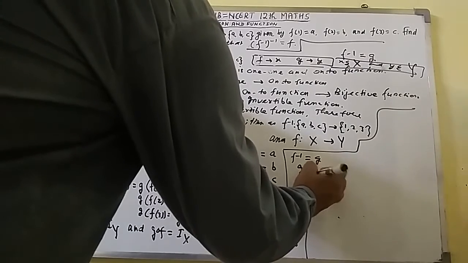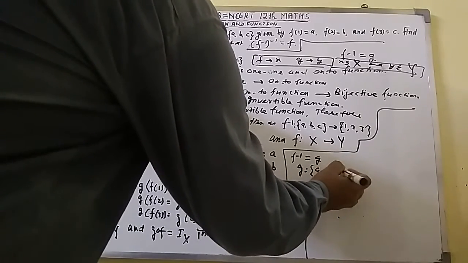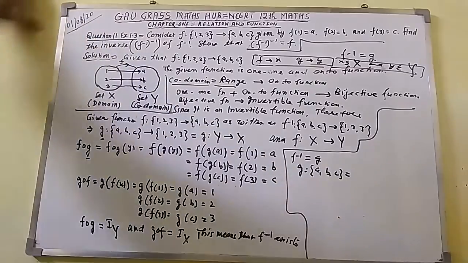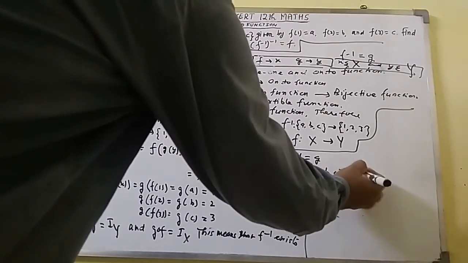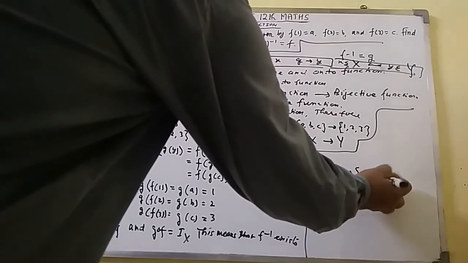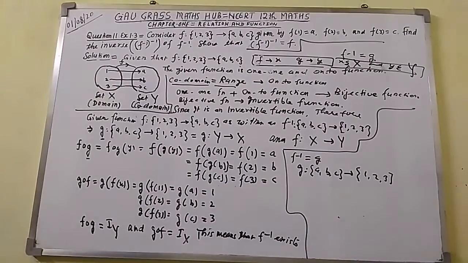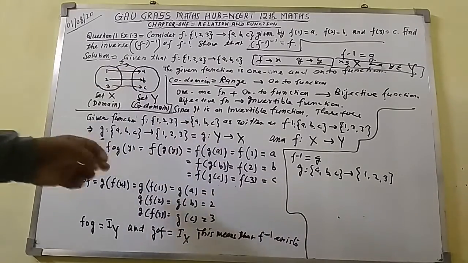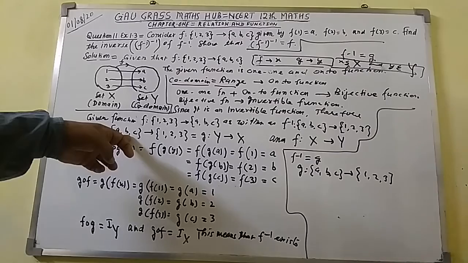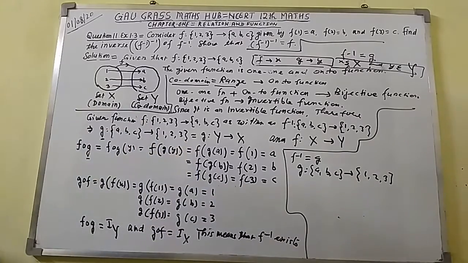G will be written as curly bracket ABC goes to 1, 2, 3. So F inverse exists, so F inverse is equal to G, and this is the value of G: G of ABC equals 1, 2, 3. So this is the condition you have got here. So I have proved your goal.